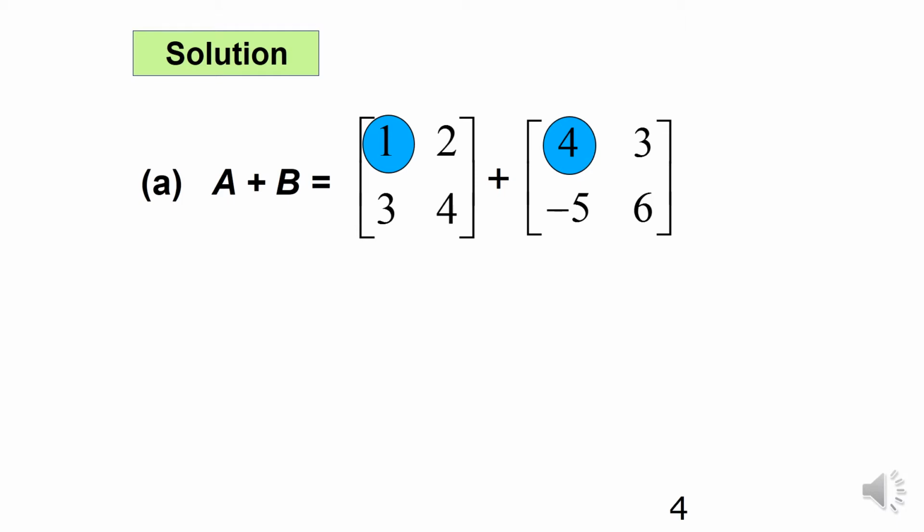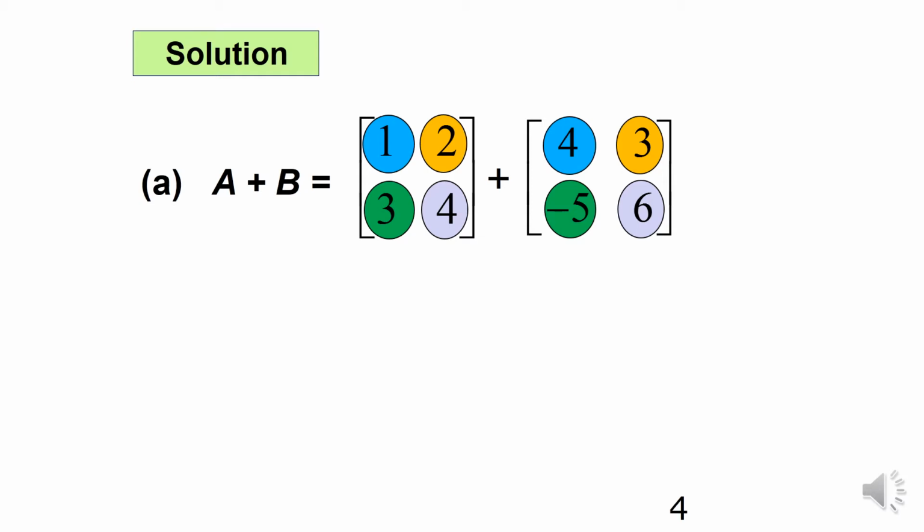For matrix A, the first element A11 is 1, and for matrix B the first element is 4. The second element is 2 plus 3, and then 3 plus negative 5, and last we have 4 plus 6.